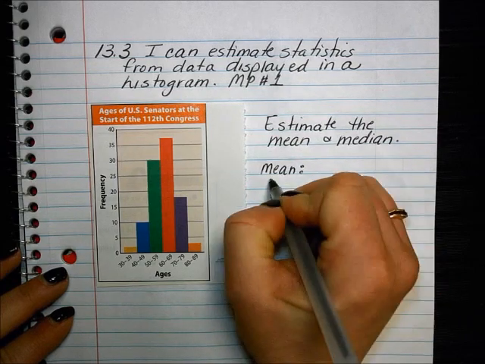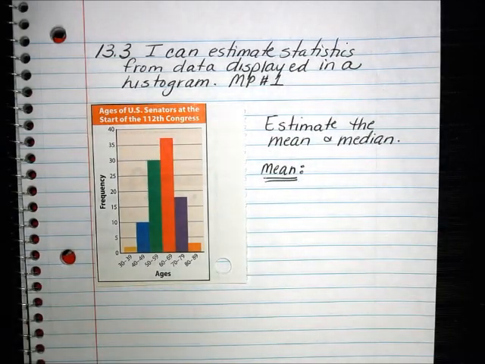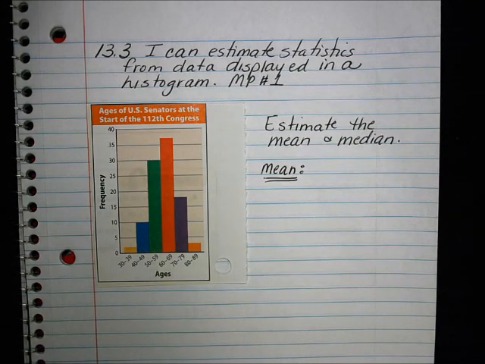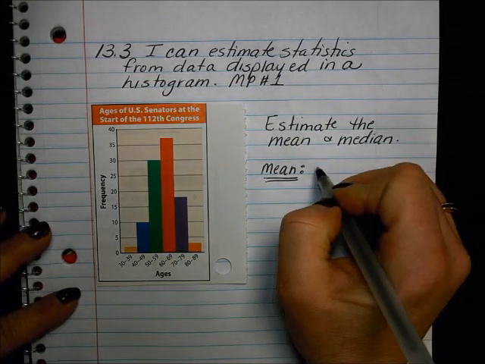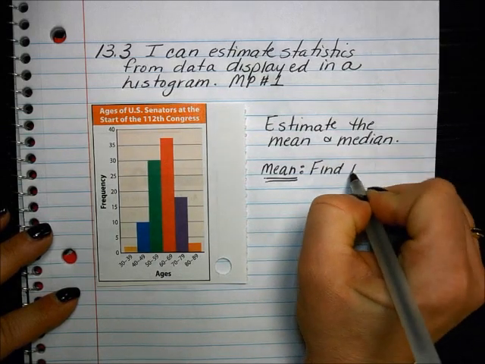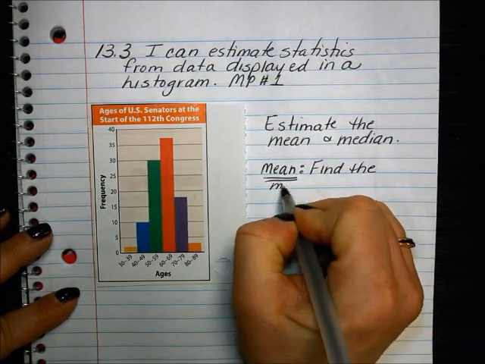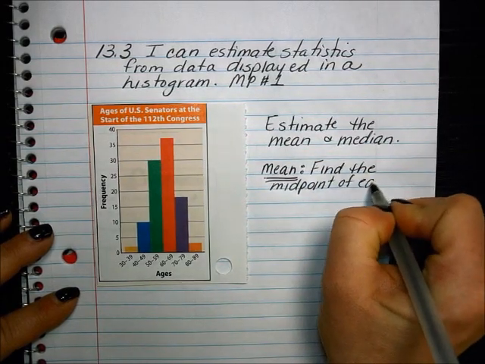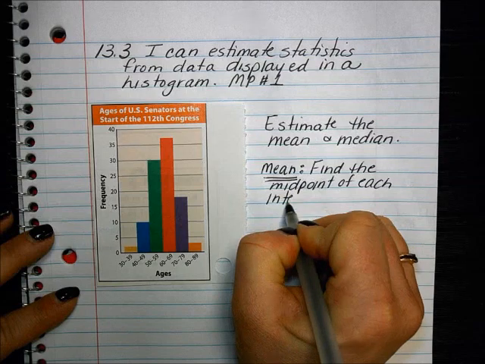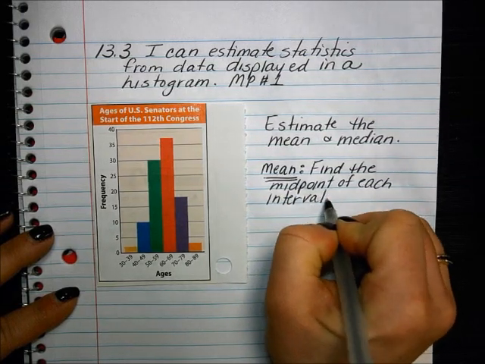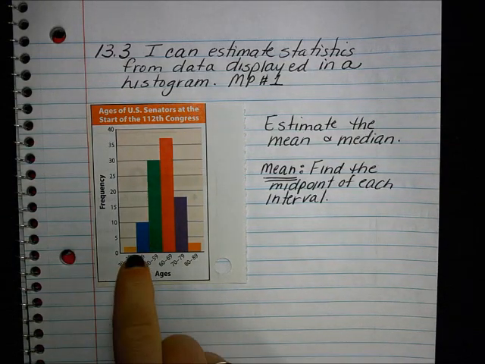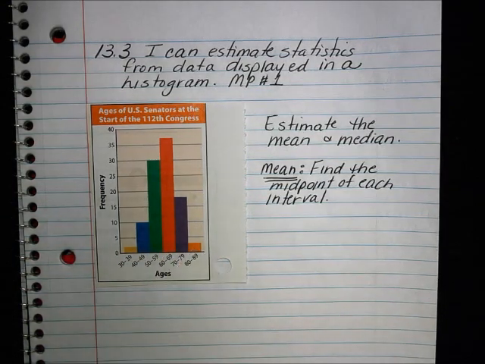And I'm going to show you how to go about finding an estimate for the mean for this histogram. Okay? The first thing that we want to do is find the midpoint of each interval. So we're going to find the middle or the midpoint of each of those intervals. We have 1, 2, 3, 4, 5, 6 intervals in this histogram.